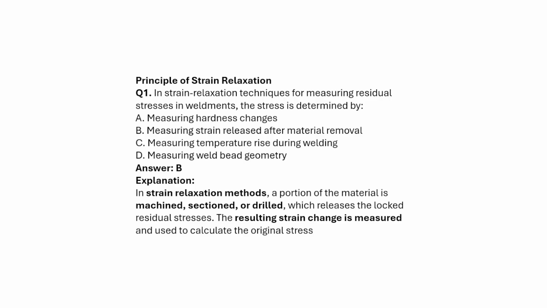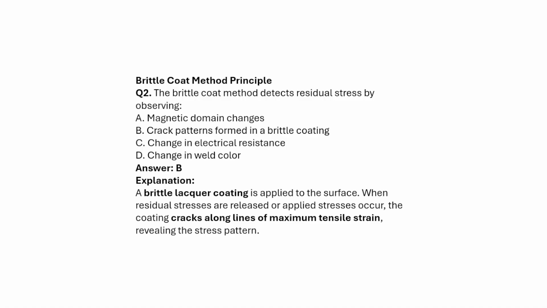Answer will be to measure the strain release after the material removal. So in strain relaxation methods, a portion of the material is removed and sections are drilled, which results in releasing the residual stresses. The resulting strain changes are measured and used to calculate the original stress.